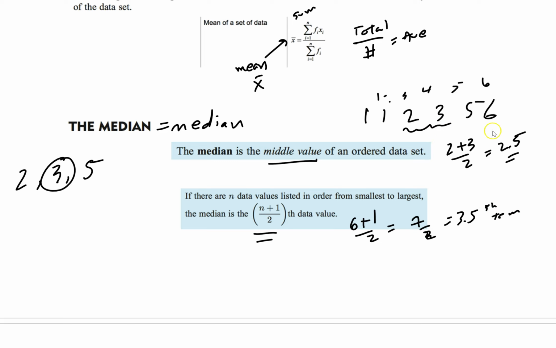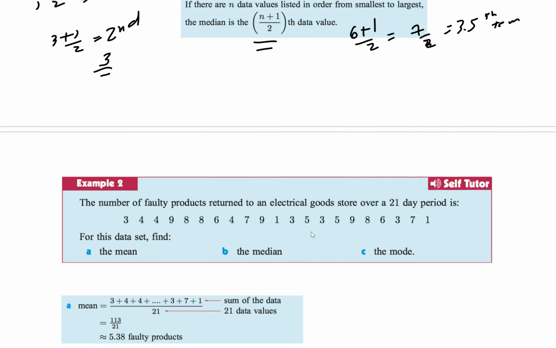So 2.5. If I did it here, 1, 2, 3, so 3 plus 1 over 2, the second term, which was 3. So that's how I use that formula. That's very important when we start talking about frequency and it gets a lot more complicated. But that's median.